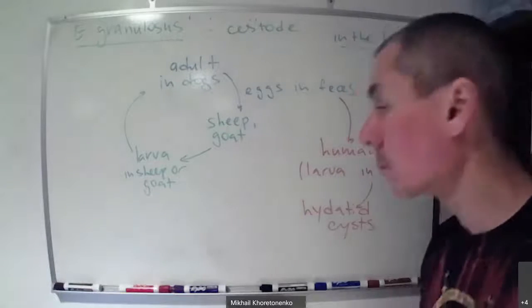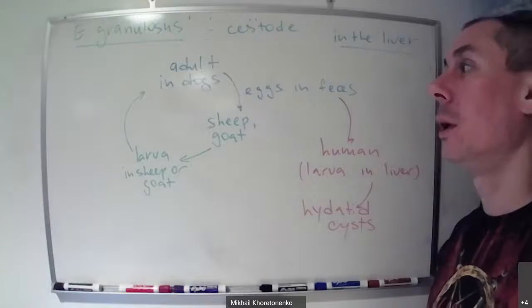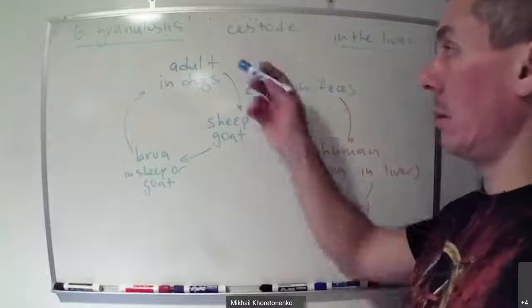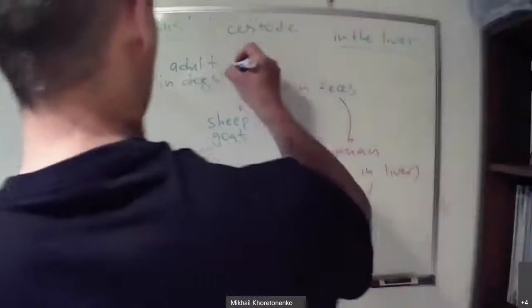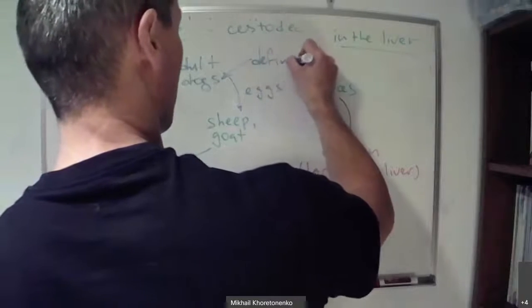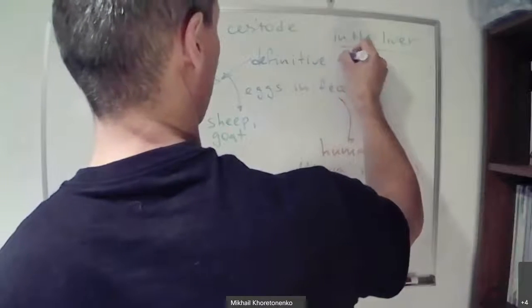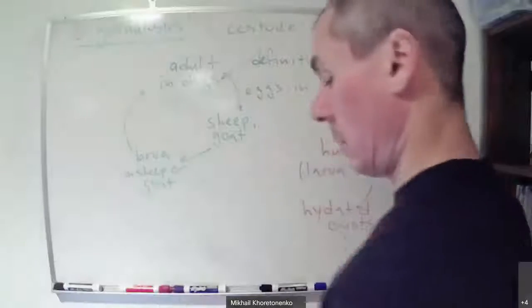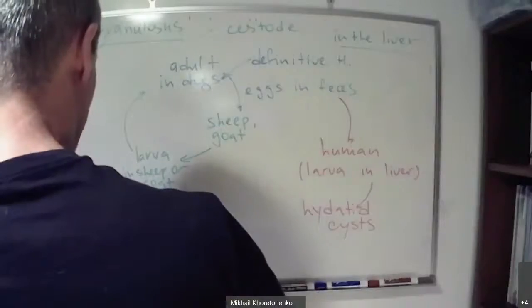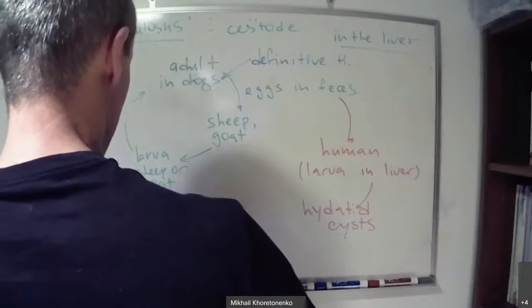Now, in this grand scheme of things, there are different roles that are assigned to different animals. So dogs will be the definitive host. Sheep or goat will be the intermediate host.